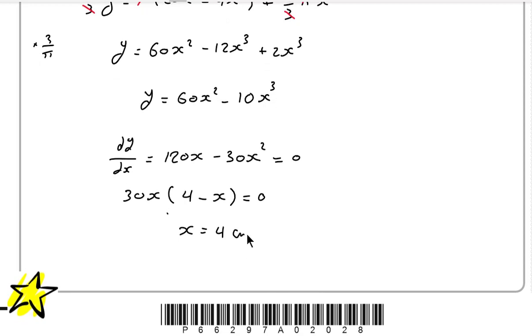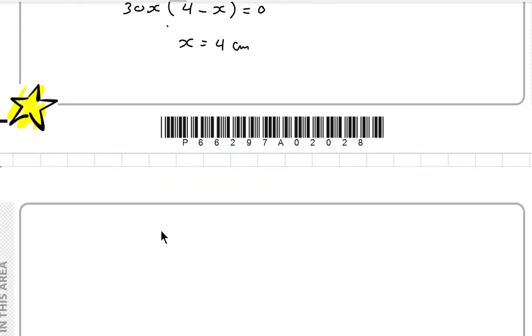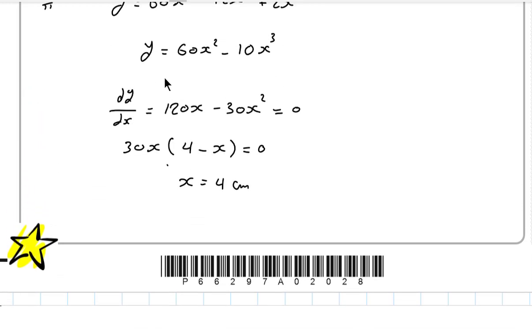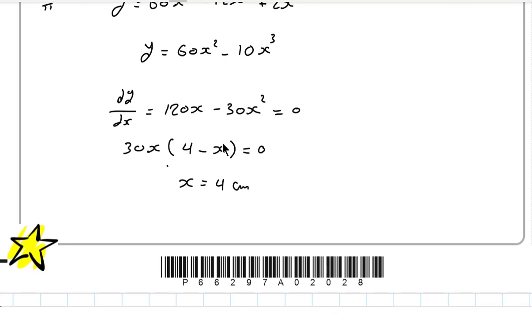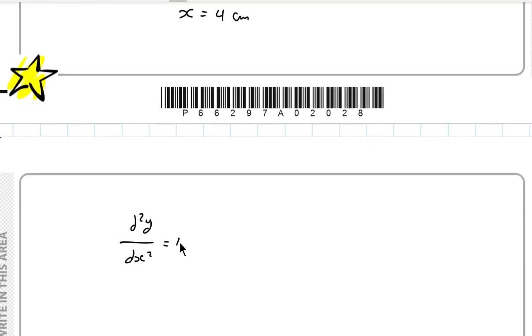Now I want to be sure that this value of x corresponds to a maximum value of y. So we can get d2y by dx squared, which is 120 minus 60x.